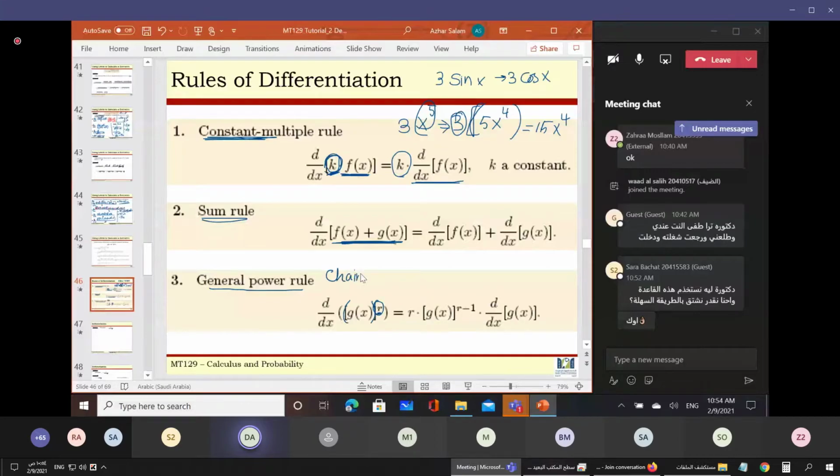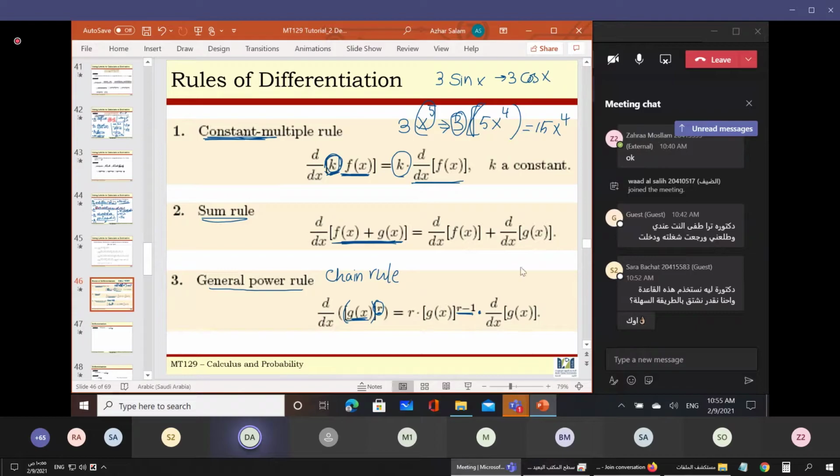We will talk about it later in detail. Chain rule. If I have a function inside a function, I differentiate the function in general, then the derivative of what is inside the function. Multiply together. I just here differentiate the power, then differentiate what is inside the power.